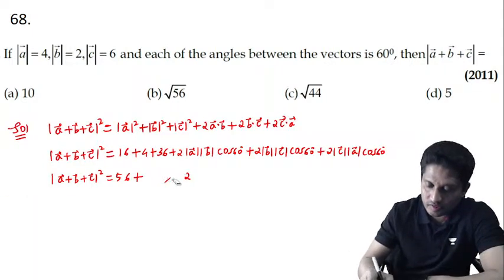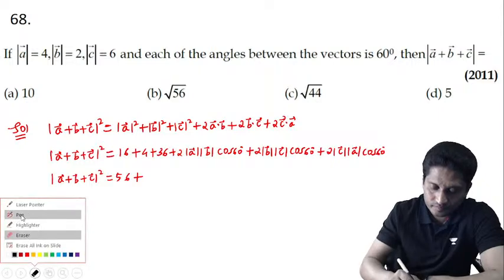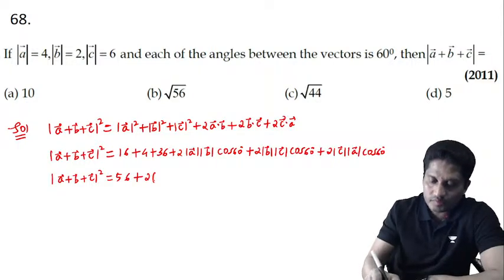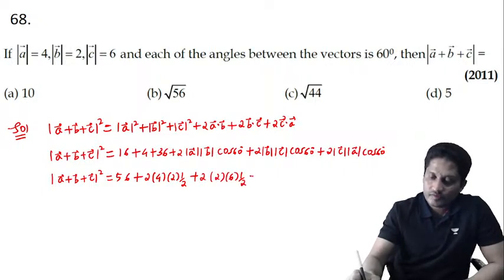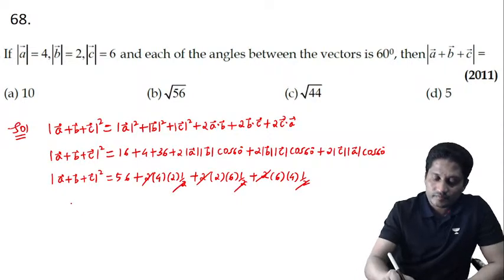So this is equal to 2 times modulus of A is 4, modulus of B is 2, and then you get half. Plus again 2 into mod B, modulus of B is 2, modulus of C is 6 into half. Plus 2 into modulus of C is 6, modulus of A is 4, and cos 60 is half. This 2 will cancel, this 2 will cancel, and this 2 will cancel.